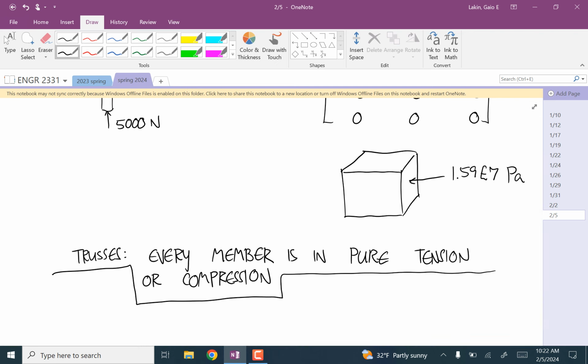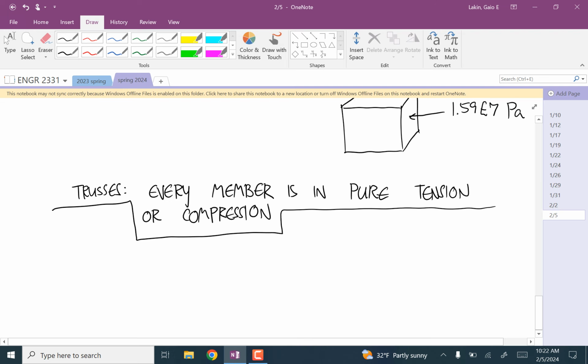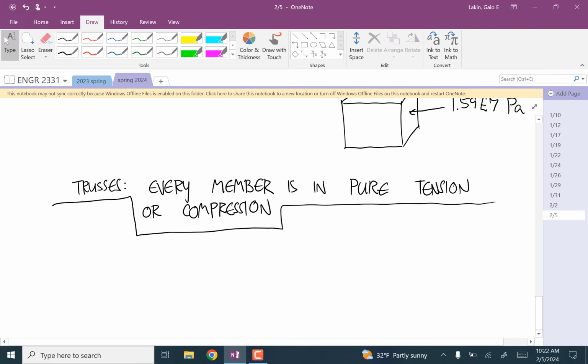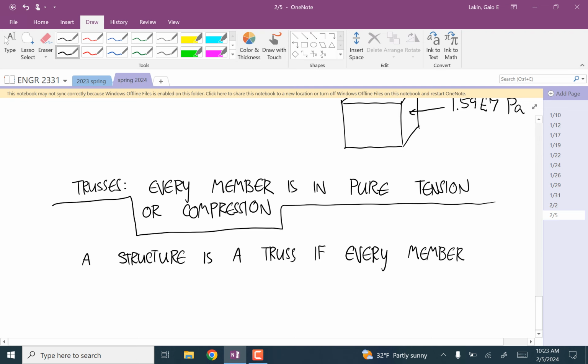First of all, you have to be able to identify a truss from other structures in order to get any meaningful results. So a structure is a truss if every member is a two-force member.